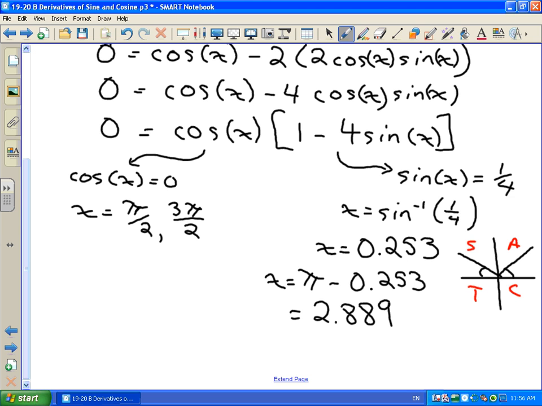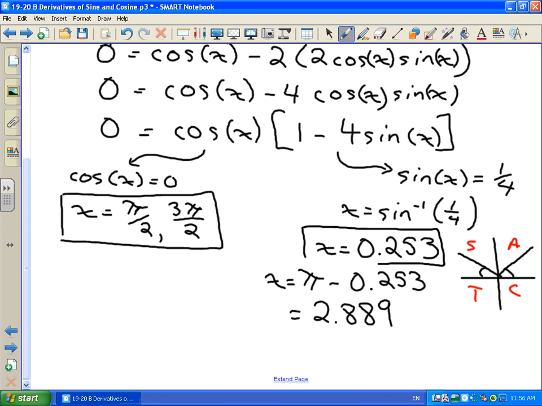So we've got our solutions here, 4 of them. 2 of them we have exact, 2 of them we got numerically. Well, we go back to the original question here, and we see what it's asking us. Find the local maxima and minima of this curve.